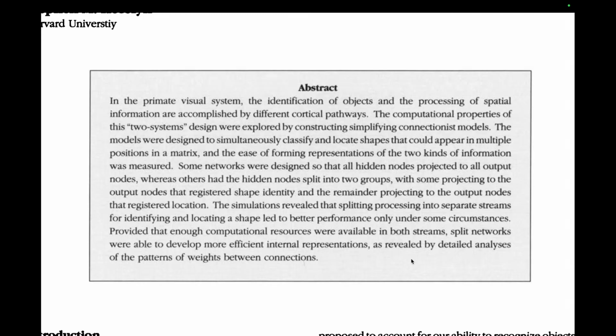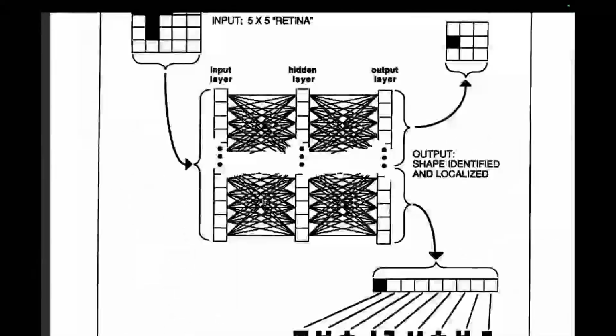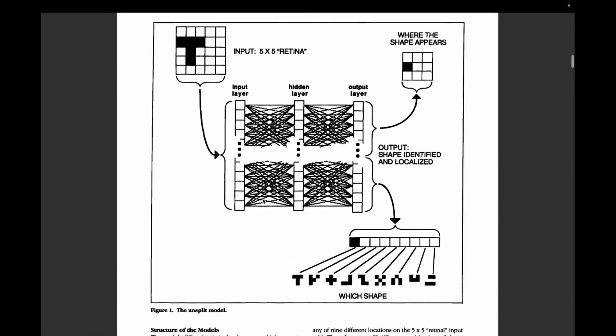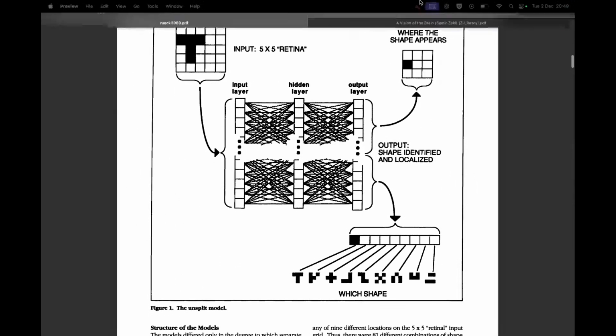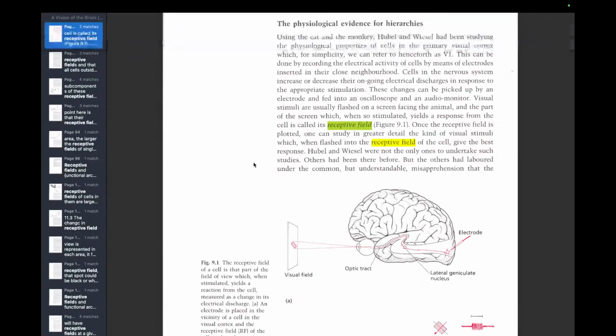So now, if there were enough resources, whatever that might mean, split networks were able to develop more efficient internal representations, as revealed by detailed analysis of the patterns of weights between connections. Now, before we go into shape, form, shade, and location, let's understand the fields upon which these representations are seemingly falling on.